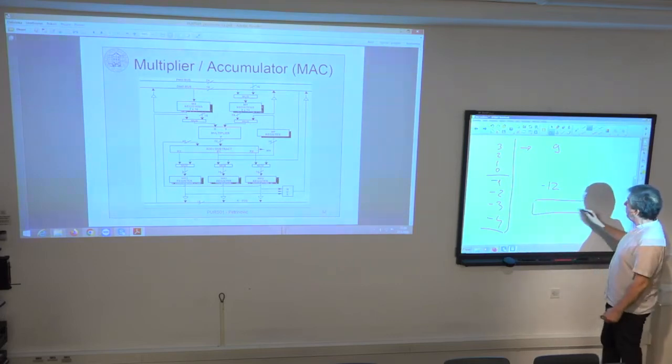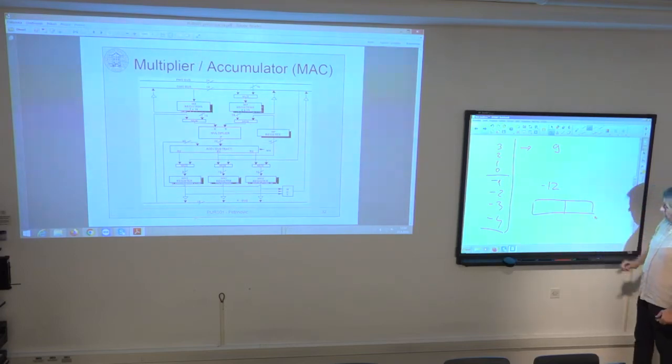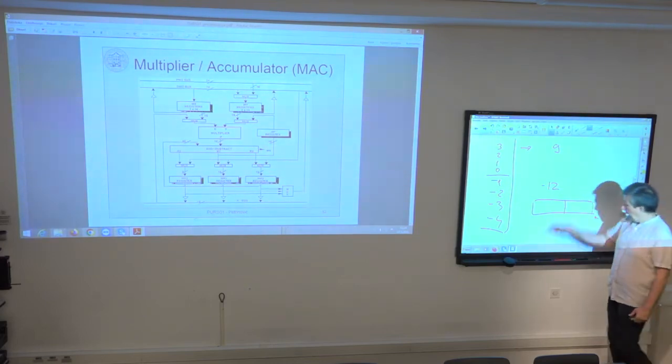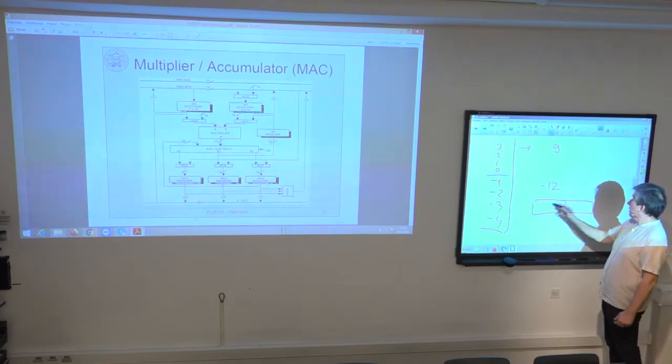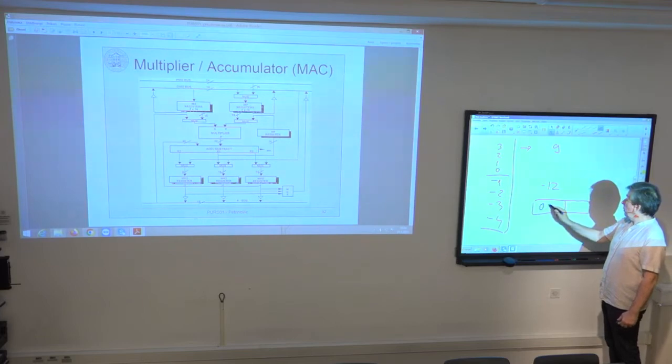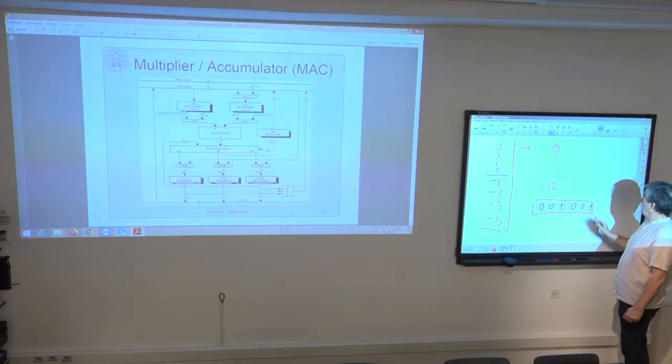So the double word format, if I treat this result as an integer product, it has the decimal point at the rightmost side. And this 9 is then written in 6 bits, so it must be 0, 0, 1, 0, 0, 1. So this would be 9.